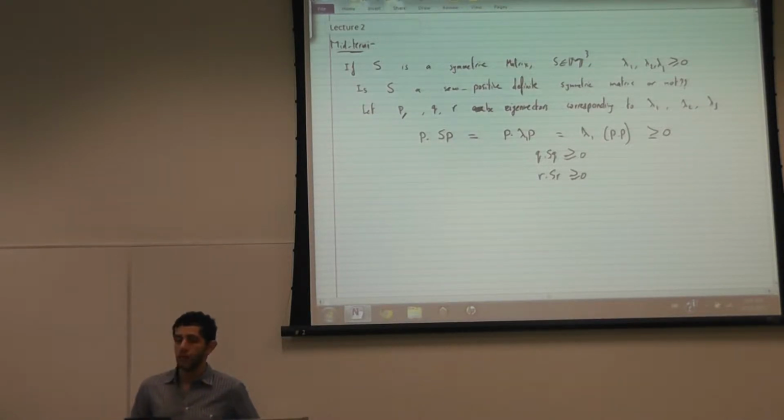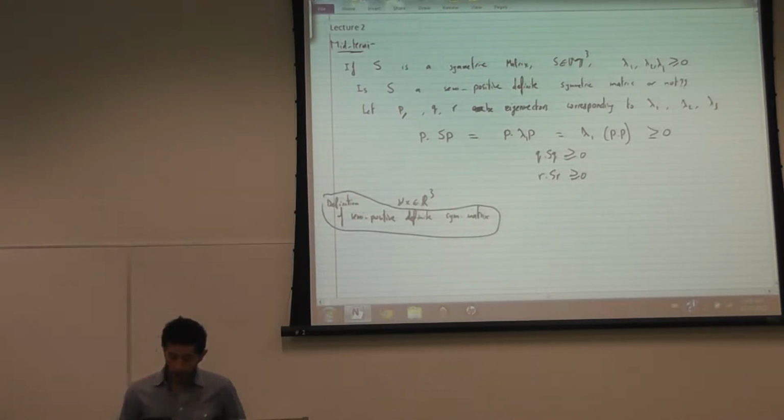Now this is half a proof, because what is the definition of semi-positive definite? The definition of a semi-positive definite is that for every x in R3, we have x dot Sx is greater than or equal to 0.